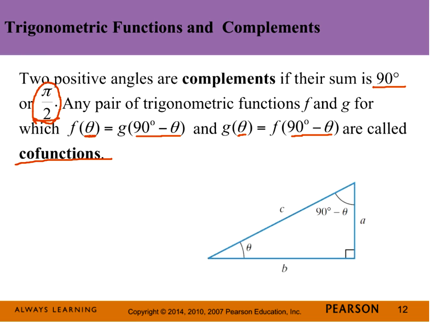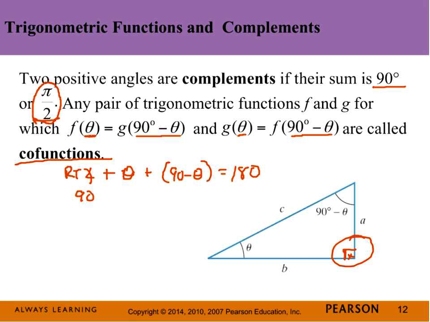So if we look here with a right triangle, we know we have to block out that 90 degrees. The sum of the interior angles of any triangle equals 180. So you have your right angle, you add theta, and then you add 90 minus theta, and that totals 180 degrees because your right angle is 90 degrees.